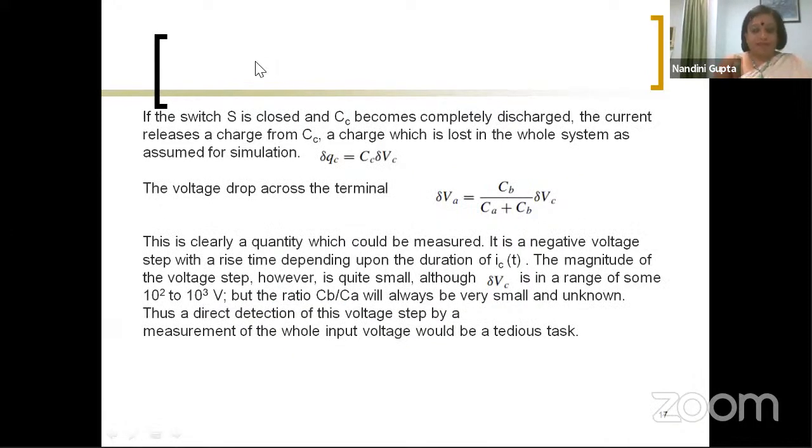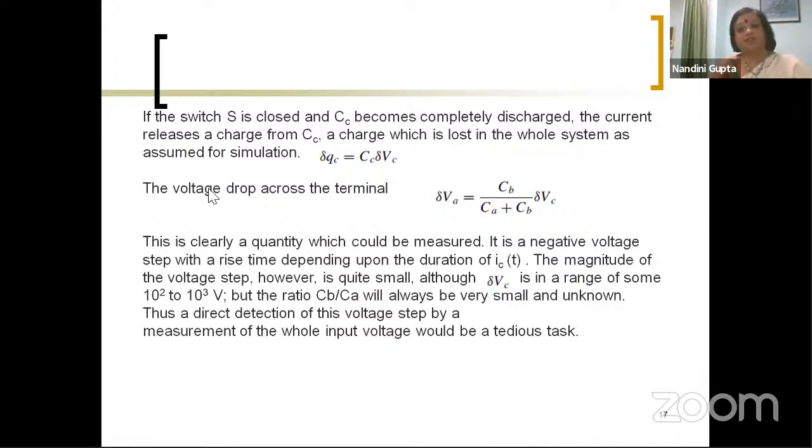So if there is a current pulse IC when the switch is closed, this will result in the dissipation of the charge which you have built up across the capacitor, a void capacitor, over this time, and therefore would also result in a drop in the voltage across the capacitor.